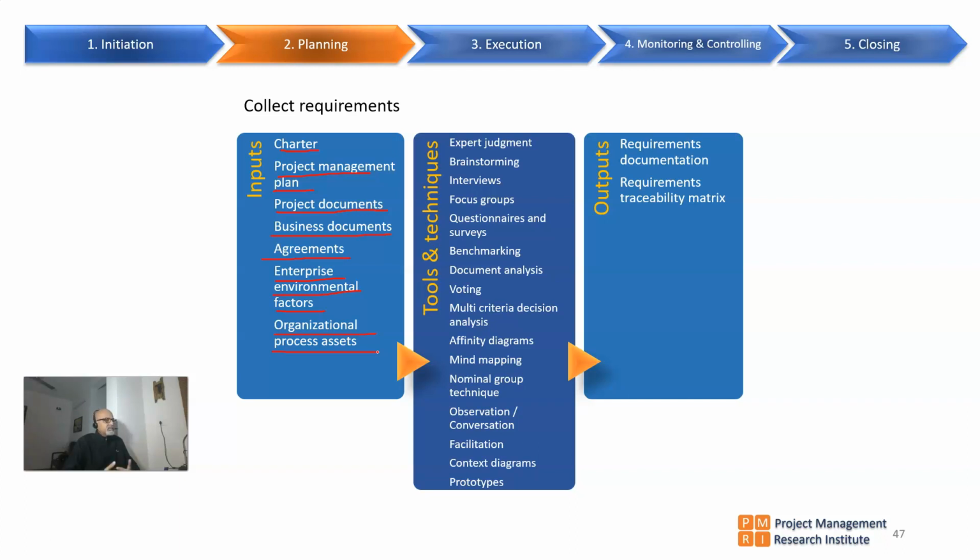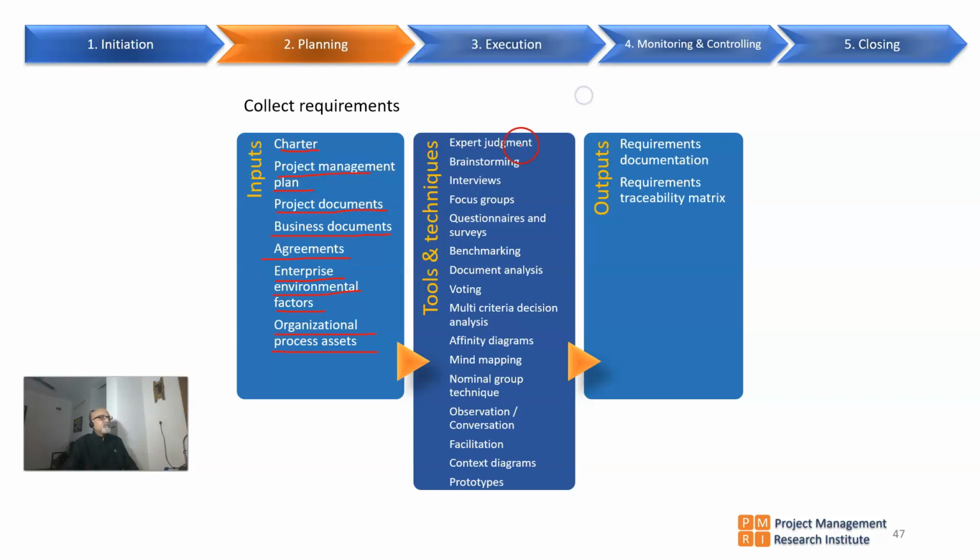Enterprise environmental factors could be the government laws, the national holidays, the cultural impact, availability of labor, availability of manpower, availability of transportation, availability of high bandwidth for internet. So those things are also available for reference.